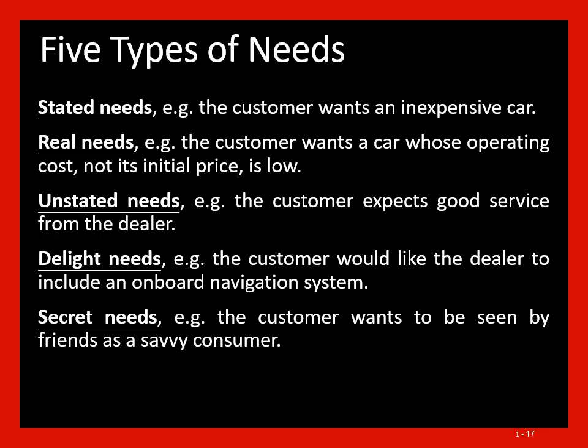Unstated need, the third category. For example, the customer expects good service from a dealer. Fourth is delight needs. The customer would like the dealer to include an onboard navigation system or some software or additional gadgets, which the customer may expect to be offered as complimentary.